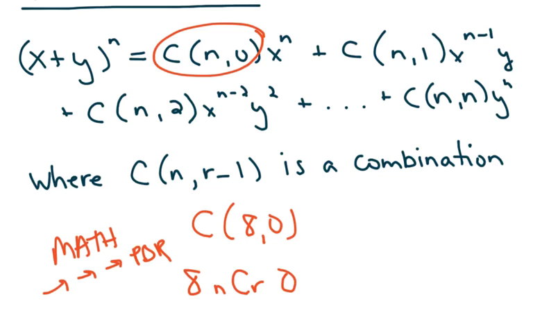What that combination is going to tell you is the coefficient of each term in the binomial expansion. The reason that's good is because if we ask you to expand something to the 35th row, you don't really want to find all the coefficients in row 35.